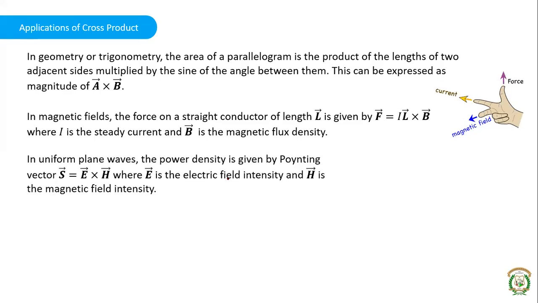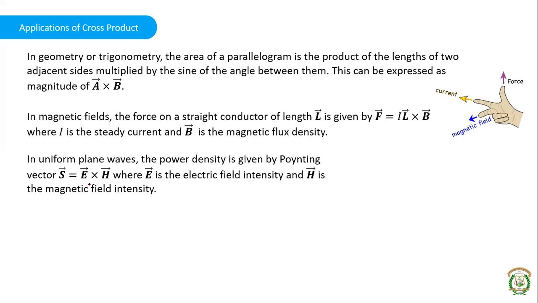One more important application is to find the power density, or the energy flux density, that is the Poynting vector. We are going to study this in the last module. That is given by S, the cross product of electric field and magnetic field, E cross H. Okay, the cross product E cross H will give you the power density.